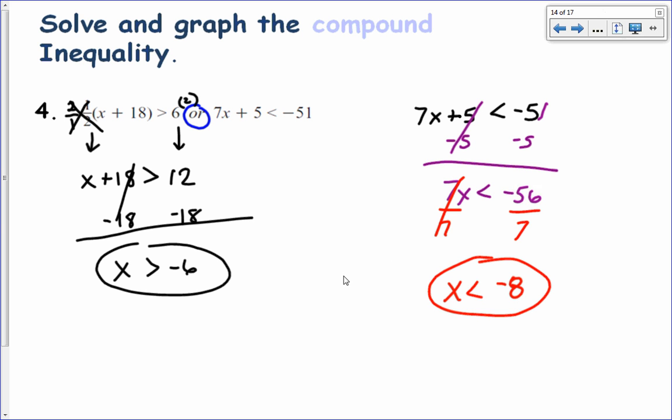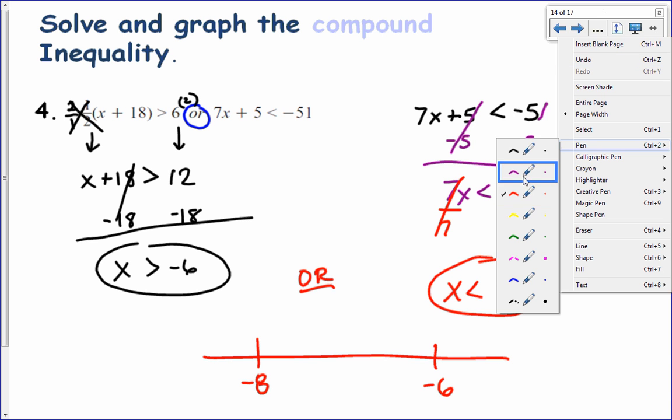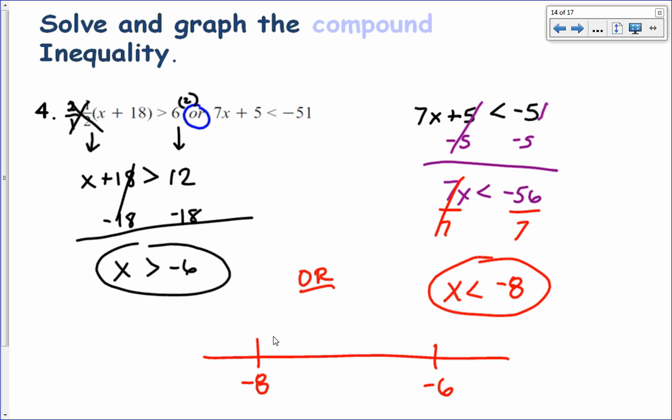Okay, so my solution says x is greater than -6, or it's less than -8. I'm going to make a really simple number line. I'm going to put my -8 here and my -6 here. When I change my colors to make things stand out, I have an open circle.